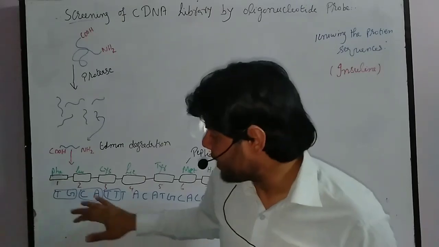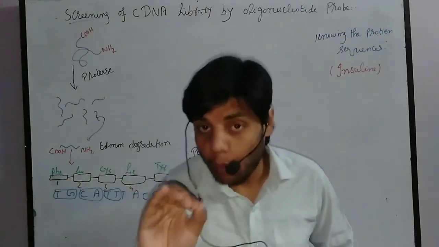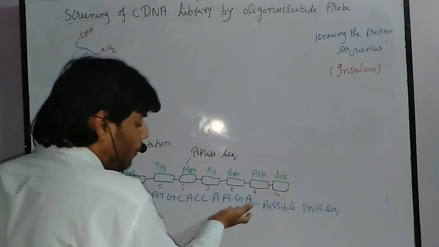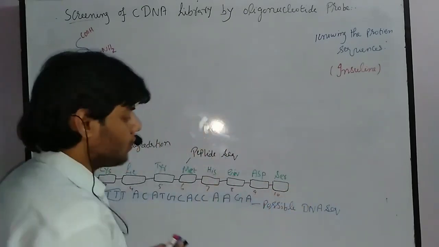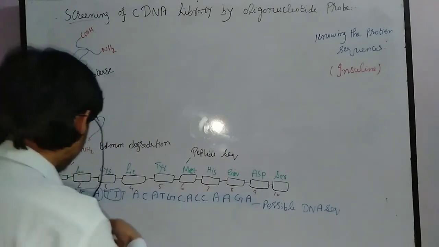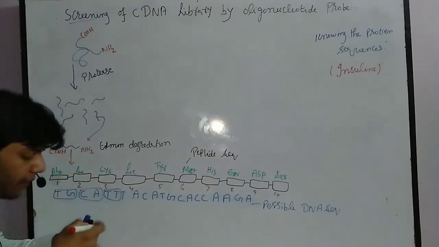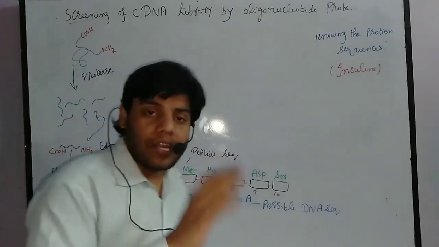Once we make the DNA sequences according to the known peptide sequences, we make the complementary of this DNA sequence. We make the complementary using DNA polymerase.